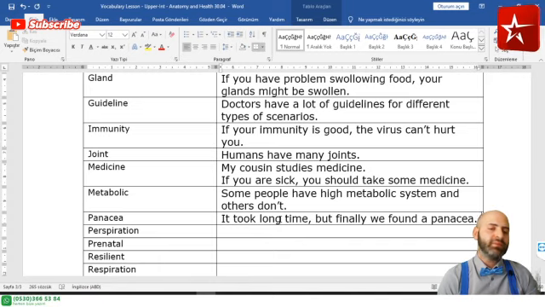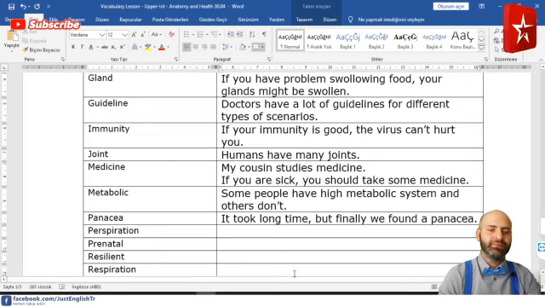For this reason, people use antiperspirant, okay? Deodorant is one name, another name is antiperspirant.